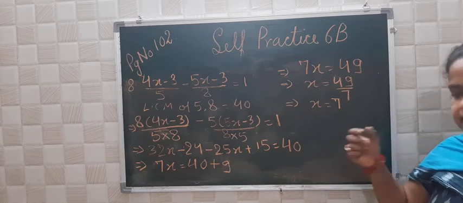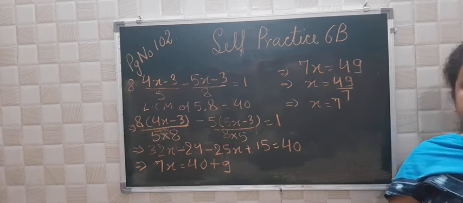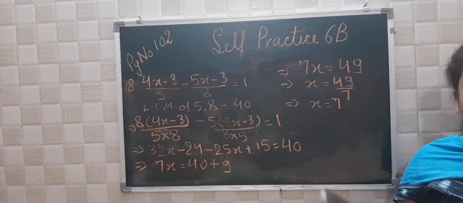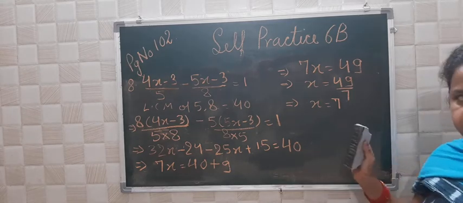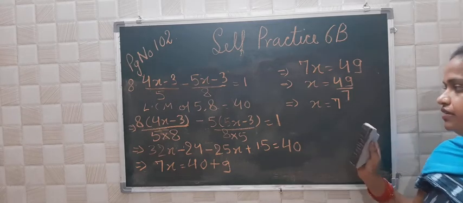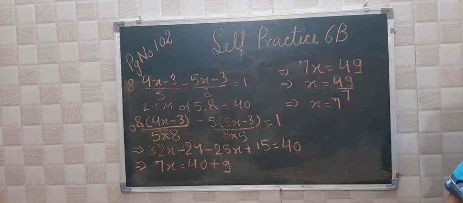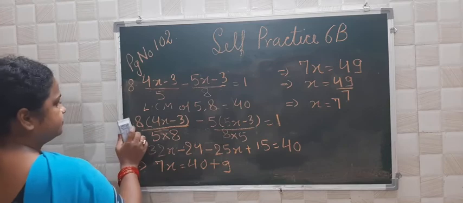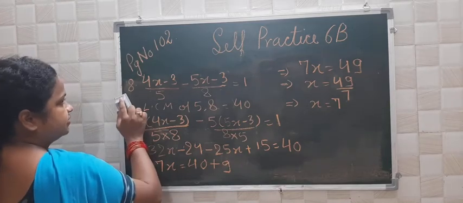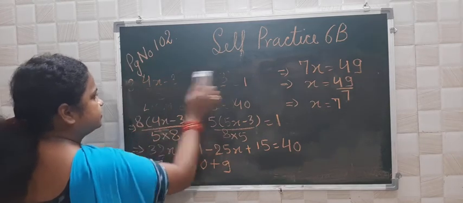Okay. It is clear, because I have to show whether it is correct or not. I have to rub all this, so again I can't do it. So I think it is clear to you all. Okay. Now you have to put x is equal to 7 for checking. So I am rubbing it here.